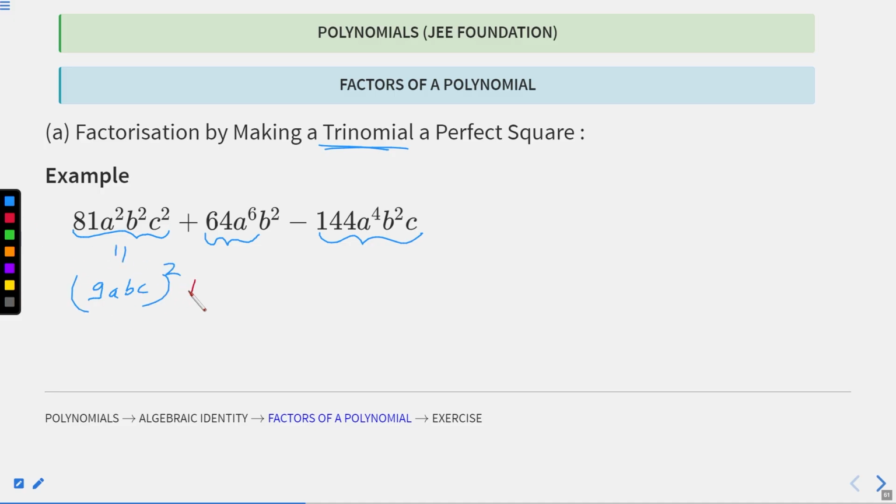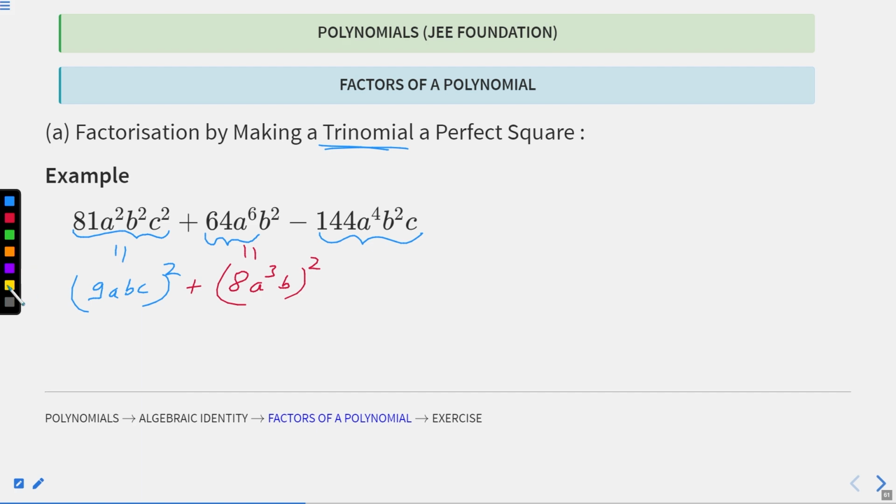Yes, now this 8 square, this whole square, is equal to this one, because 8 times 8 is 64, and a cube times a cube, power 2, is a to the 6, and b power 2 is b square.